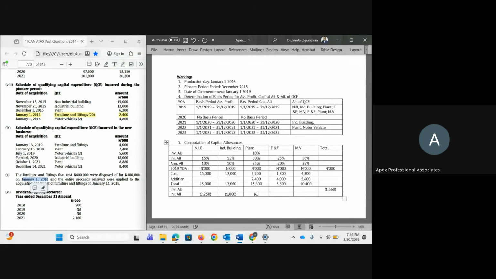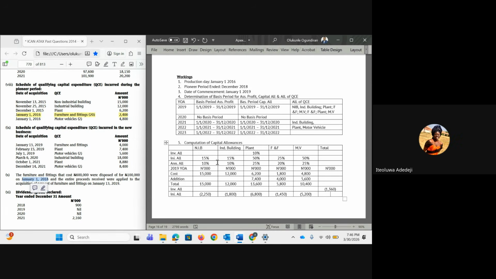Now, I'm not sure. 580 divided by 4 will give you what? 1,450. What's the total value? Then for motor vehicle, you have 50% of 10,400, that's 5,200.